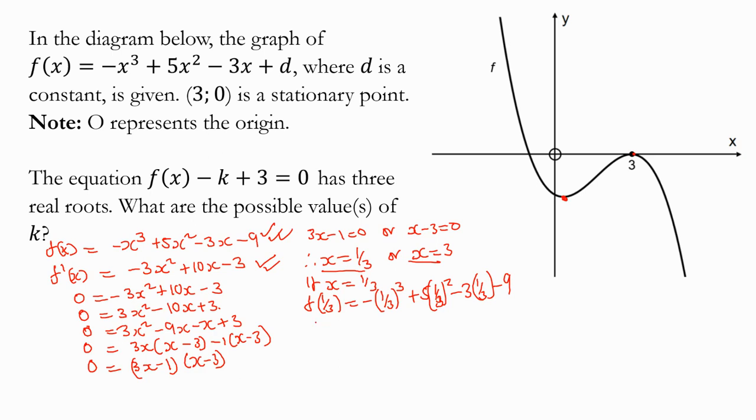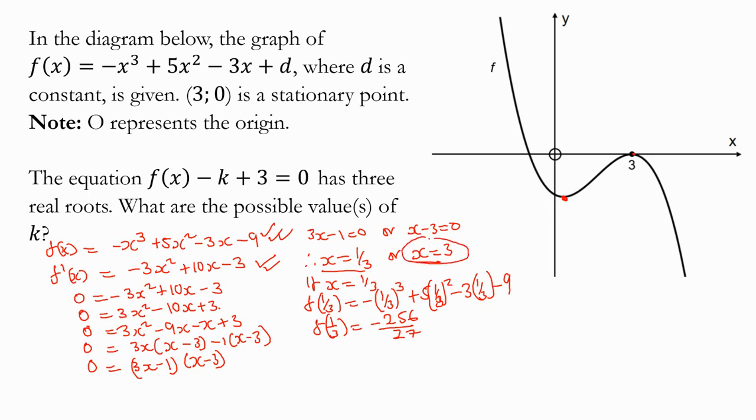Then we get that f of 1 over 3 is equal to negative 256 over 27.